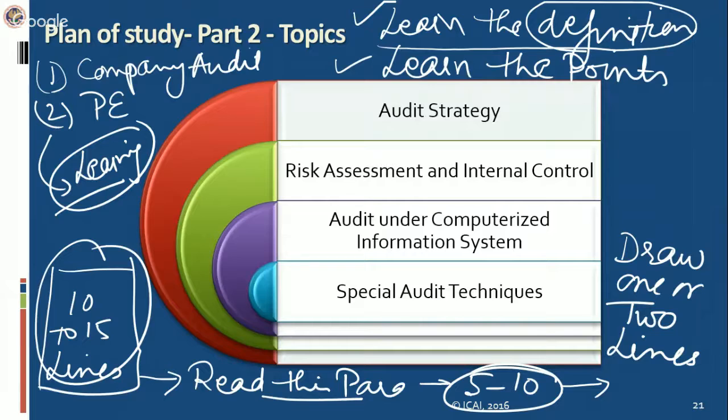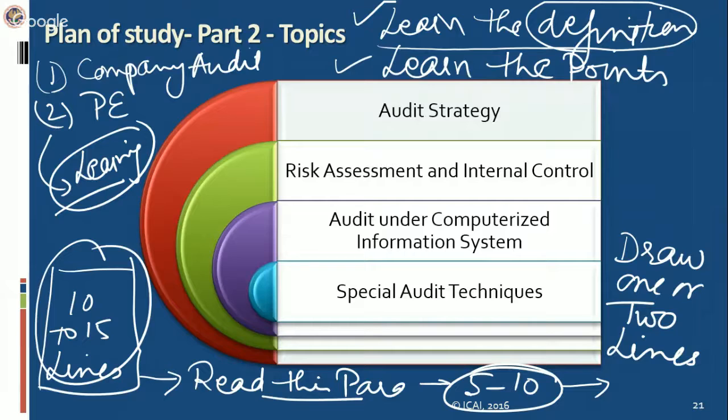This process will continue in the remaining chapters, and when you do like this, believe me, a big reserve will be created in your mind. With company audit learning, professional ethics learning, and this systematic approach, on the examination day you will be able to excel in a beautiful manner, I tell you.